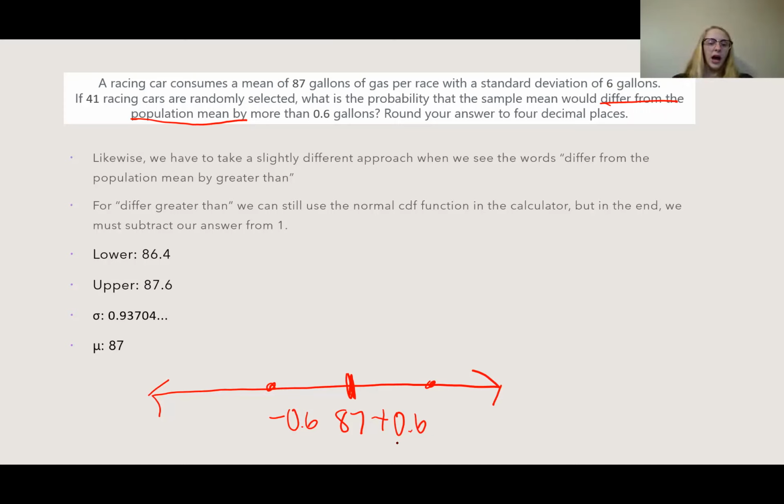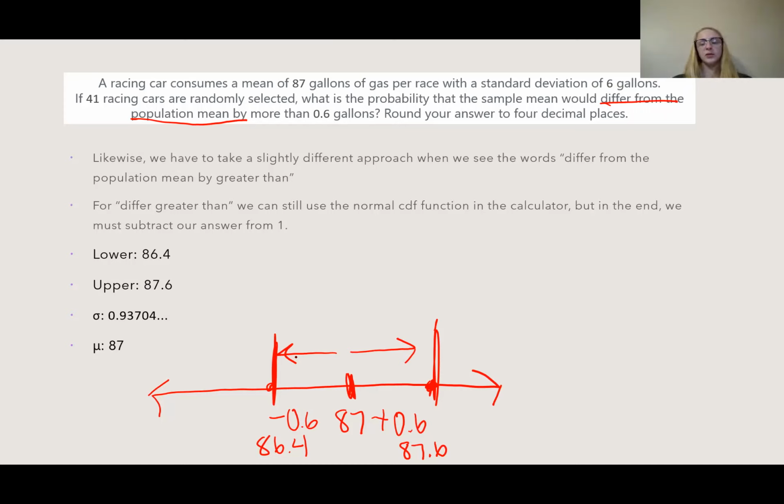If we add 0.6, since that's how much the mean can differ by, we get 87.6. That would be this little dot here. If we subtract 0.6 from 87 and go towards the more negative side, we get 86.4. So these are the ranges, and these numbers can fall in between.